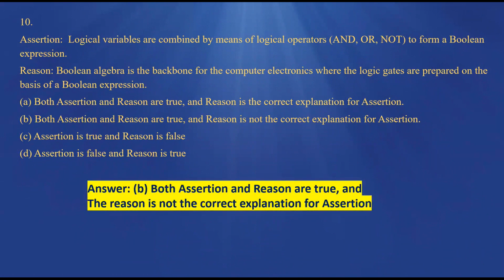Both assertion and reason are true, and the reason is not the correct explanation of the assertion. Boolean algebra is a stream of algebra, and the logical variables that form the Boolean expression are a part of the Boolean algebra.